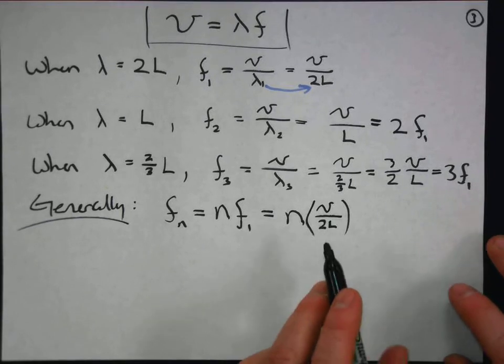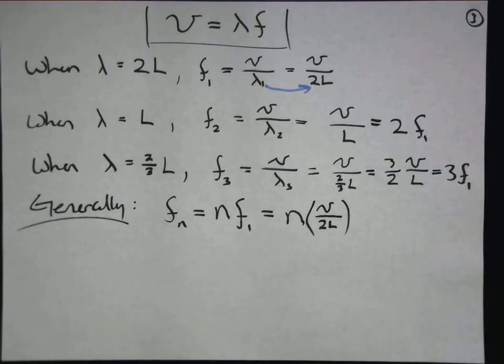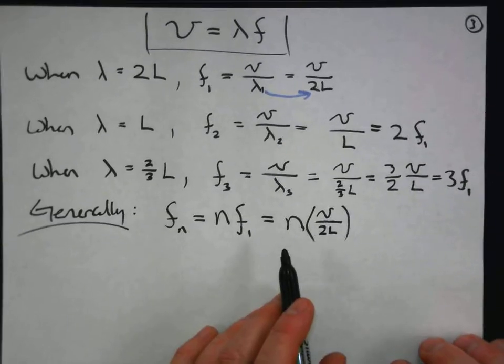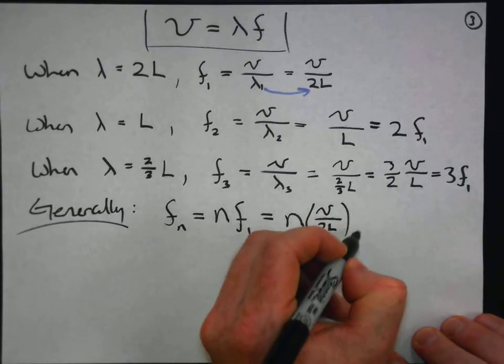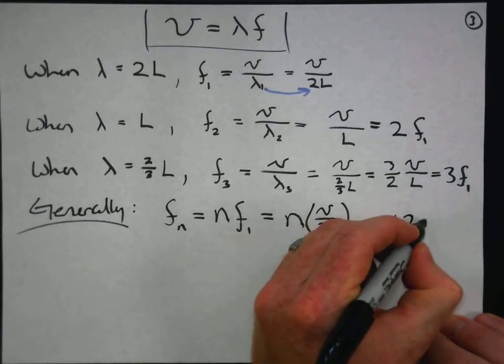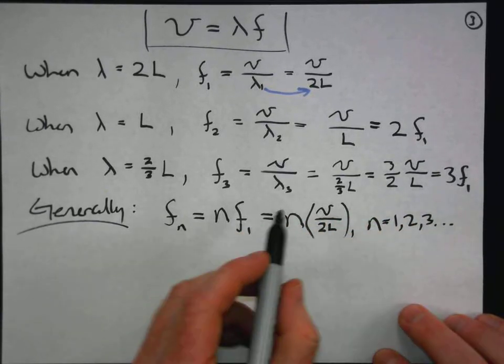And assuming we're talking about different wavelengths and frequencies on the same string, right? Of course, because v has to be a constant value for figuring out these frequencies on a given string. So this works for what values of n? For n equals 1, 2, 3, and so on. No problem.